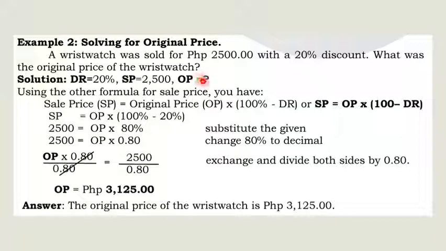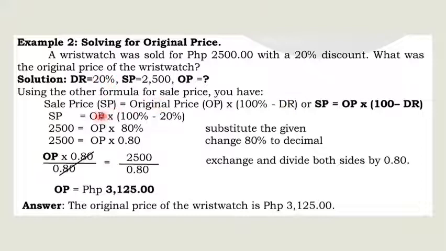So, paano po siya gagawin? So, pwede nating gamitin yung formula. So, selling price is equal to original price times 100% minus DR. So, minus natin yung 100% doon sa ating discount rate, which is 20%.